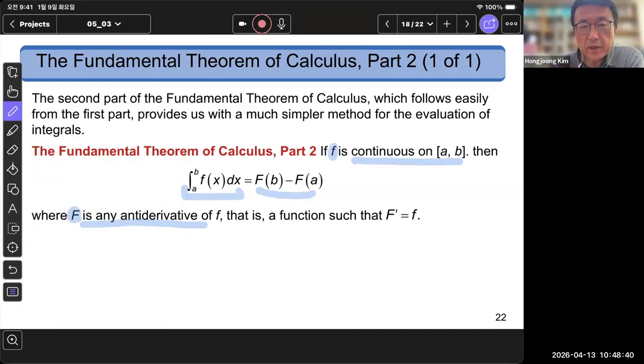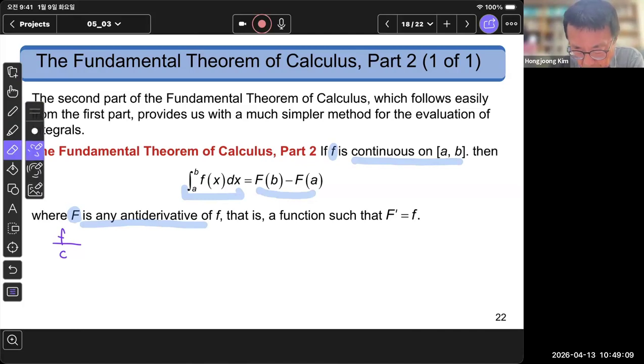So please remember, the last section of chapter 4 introduced a table showing some examples of f and their antiderivatives. Please remember that when f is, for example, a constant, what is an antiderivative of the constant c?